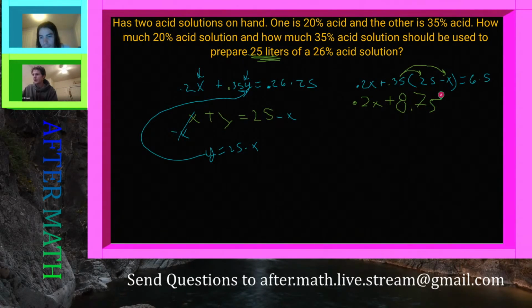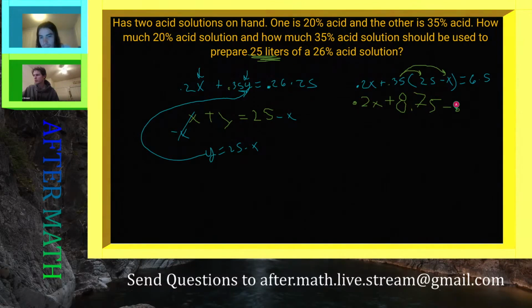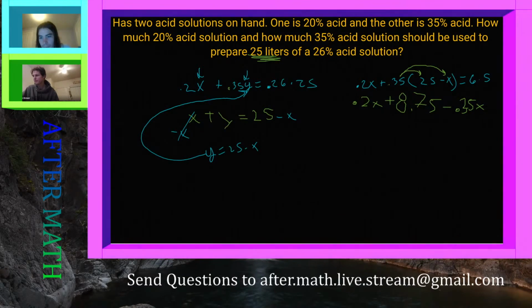And then we have minus 0.35x. And that still equals 6.5.